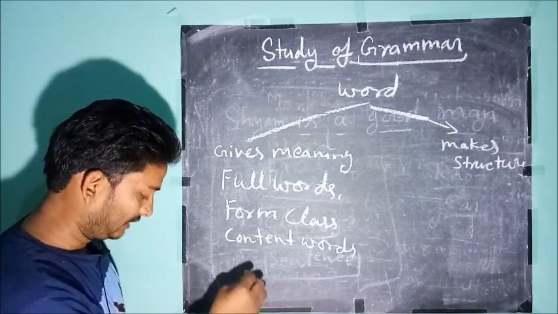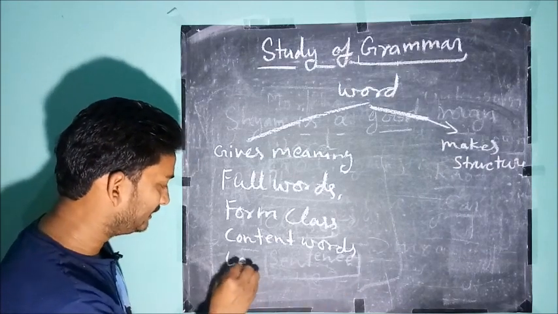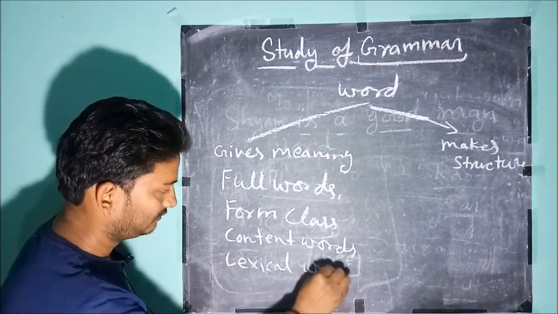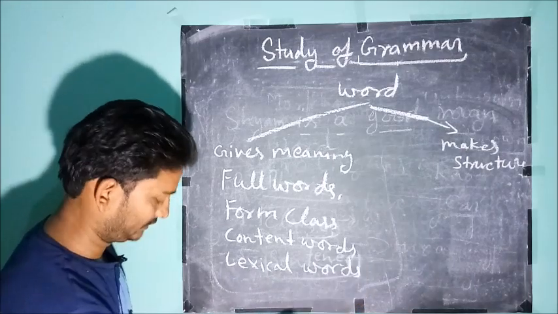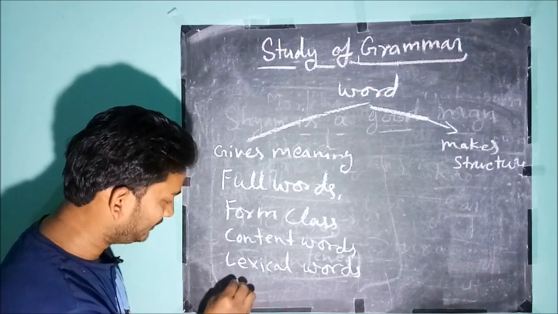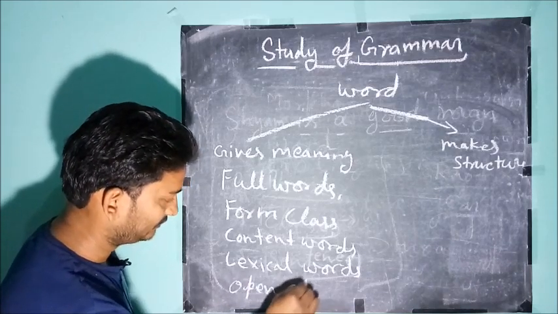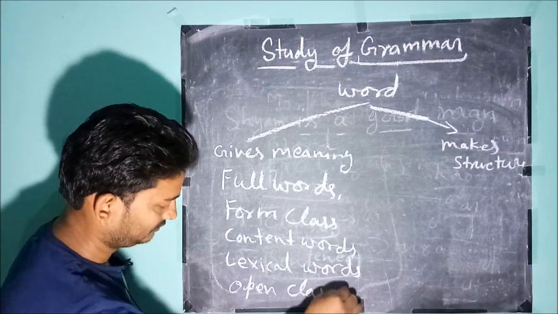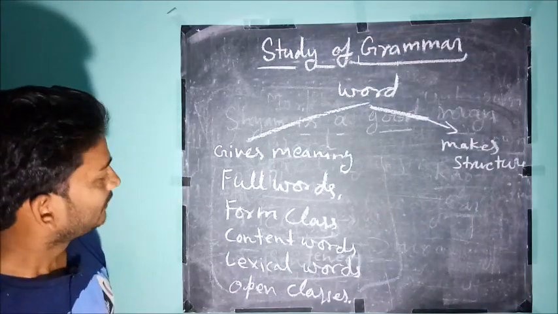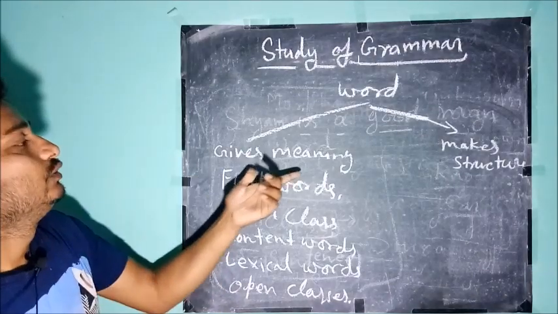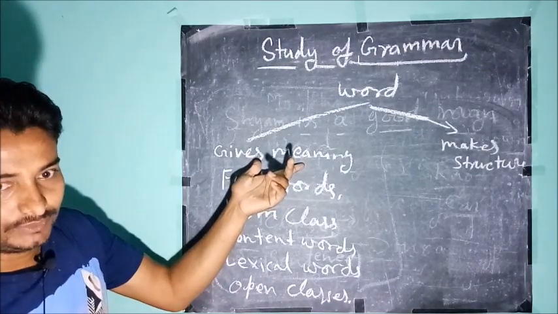And another is lexical words and open class. These are the 5 names given to meaning-giving words.